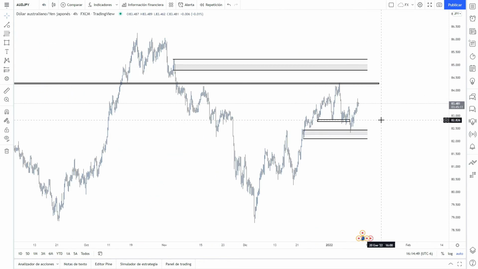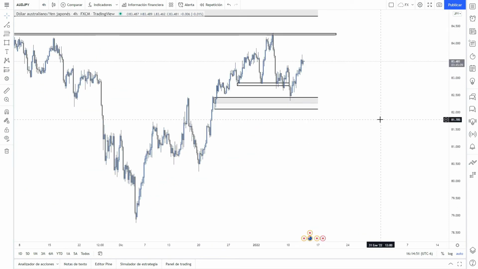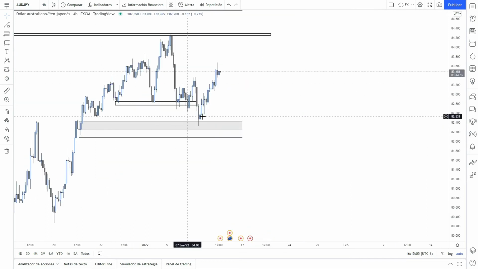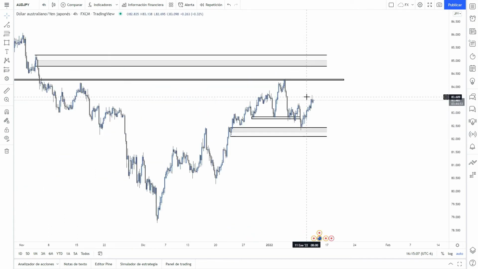Now that you know that above a resistance level we have many stop losses, you can use resistance levels for your take profits. For instance, if you bought here, you know the market will reach this level, will touch this zone.